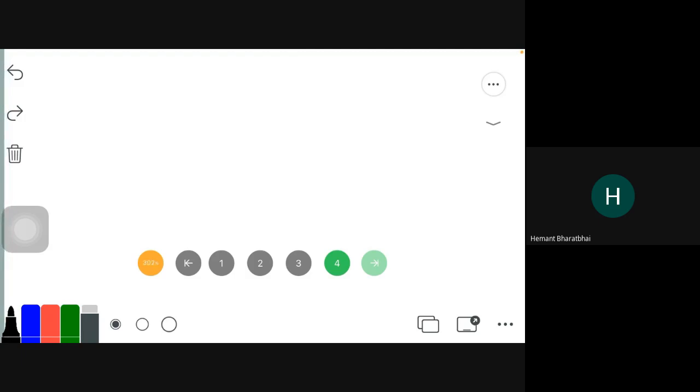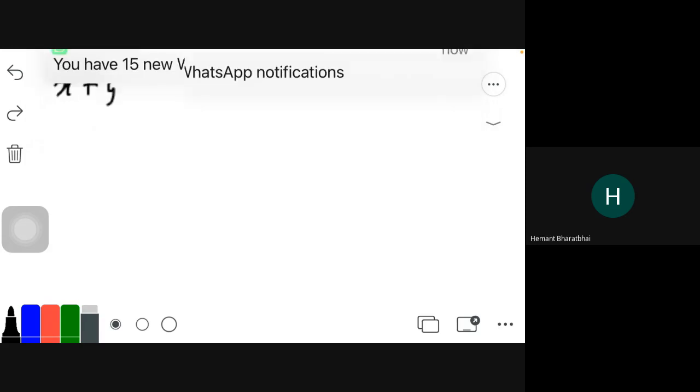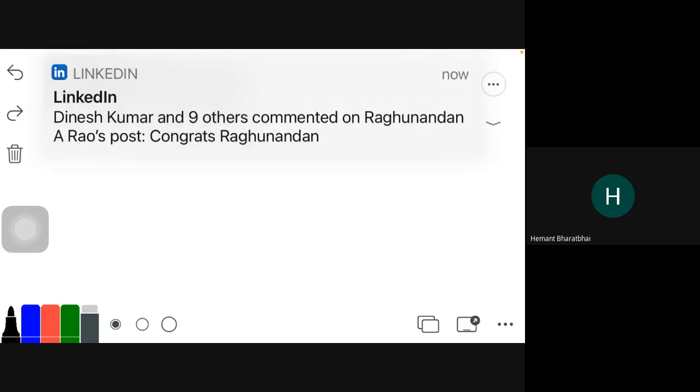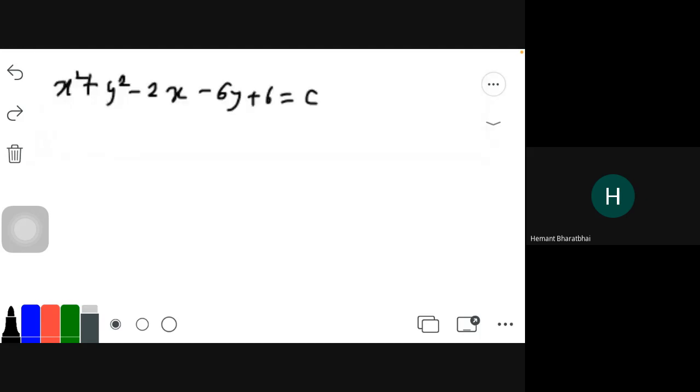So, it says that one of the diameters of the circle x square plus y square minus 2x minus 6y plus 6 equals to 0.